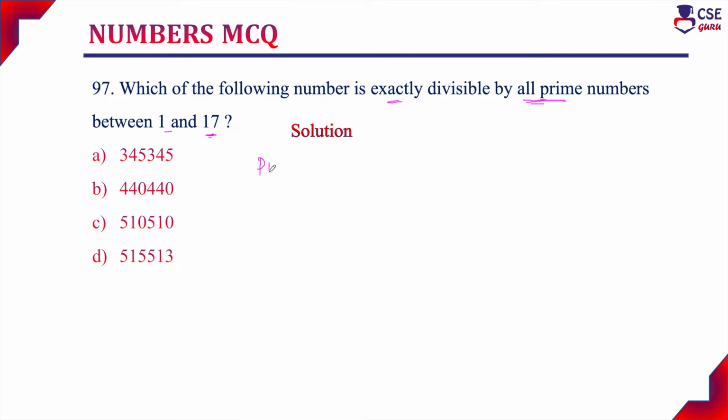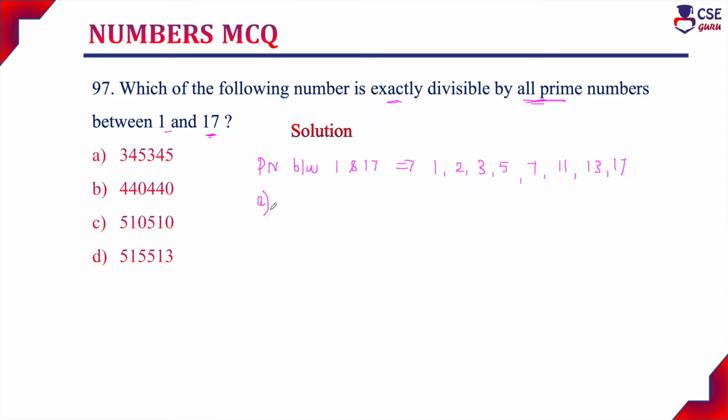So the prime numbers between 1 and 17 are 1, 2, 3, 5, 7, 11, 13 and 17. So these are all the prime numbers between 1 and 17. Now we need to check these four options whether it is divisible by all prime numbers.